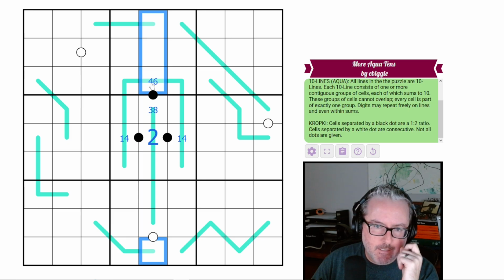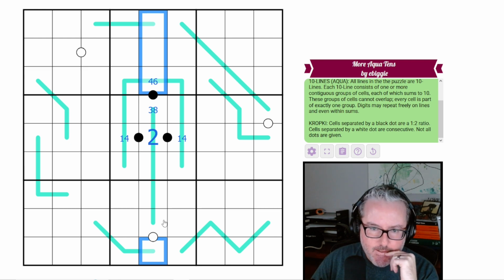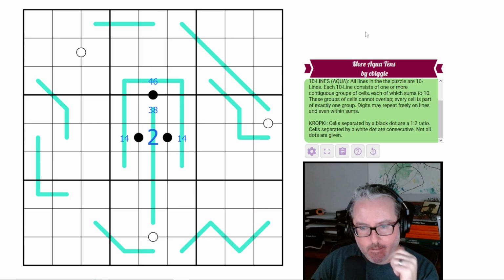This could easily be a 4 still. And then you just have 3 digits left to add to 21. Which you can do. I don't know if I can see anything there mathematically to kind of work through that.